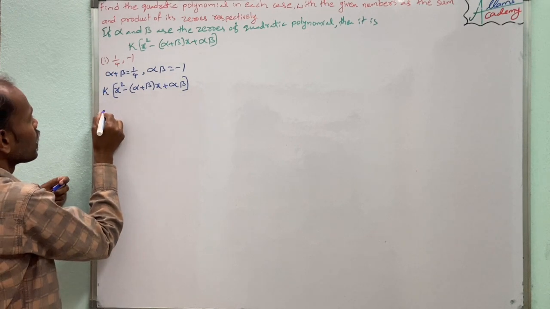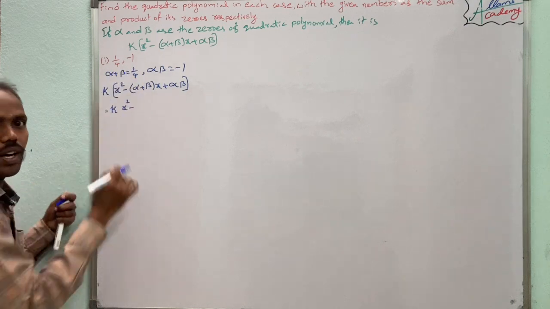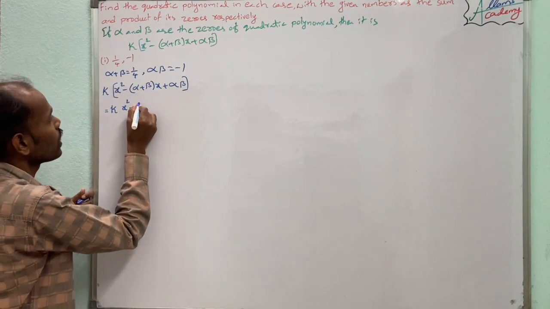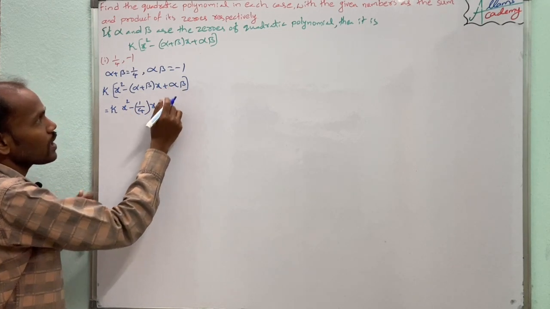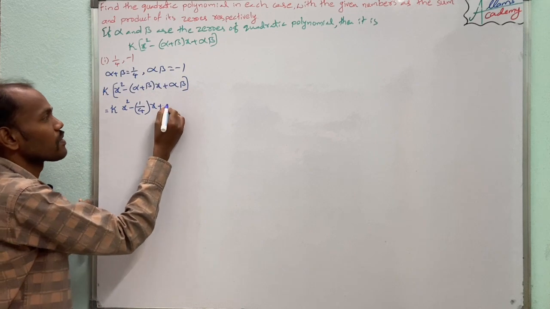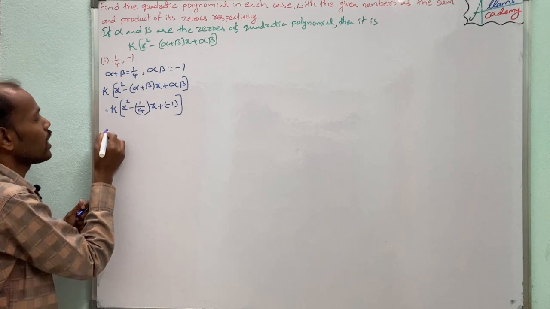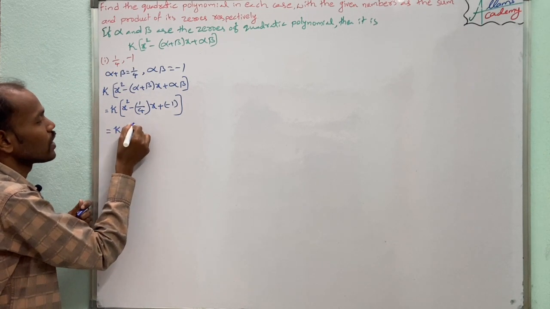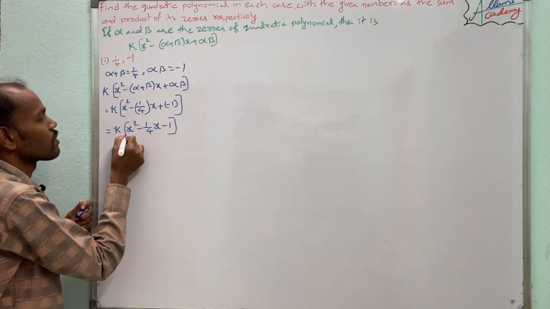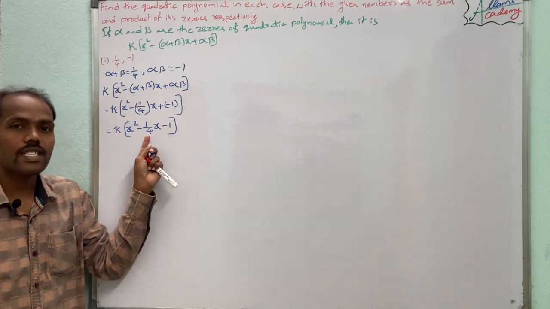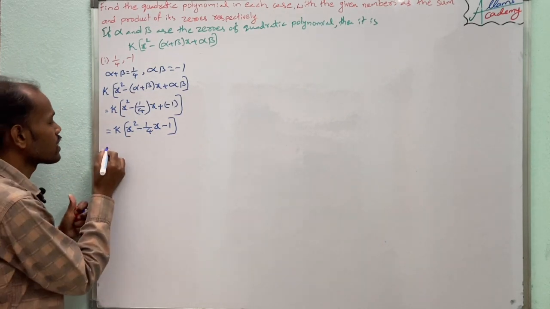So that will be k into x square minus half into 1 by 4 into x plus alpha beta, the product is minus 1. So plus into minus means minus, so that is k into x square minus half 1 by 4 into x minus 1, and here 4 is the denominator for the x coefficient, so we are taking 4 as the LCM.